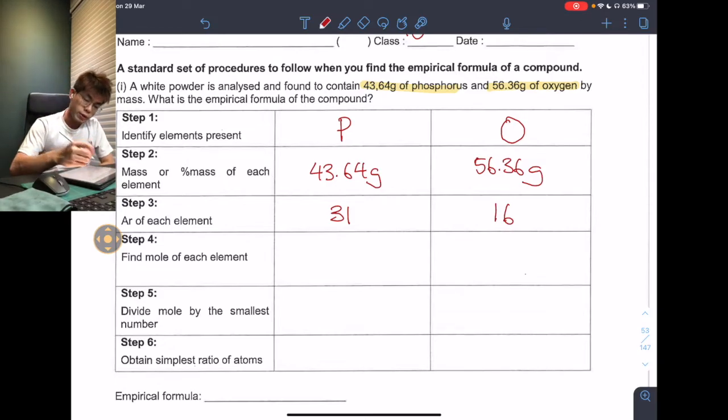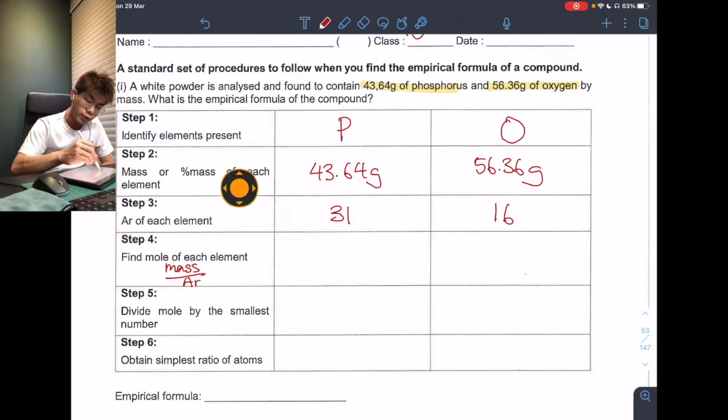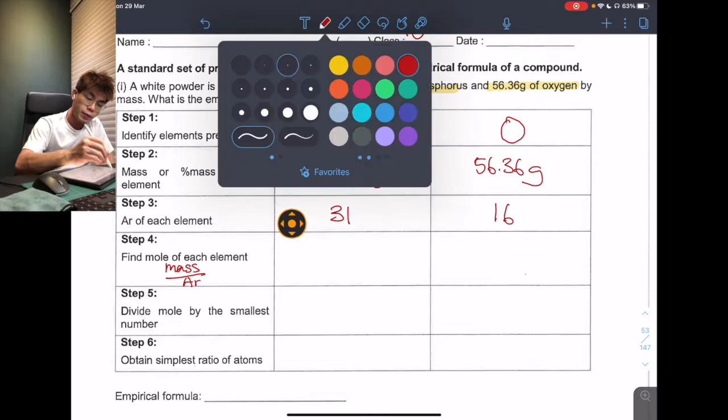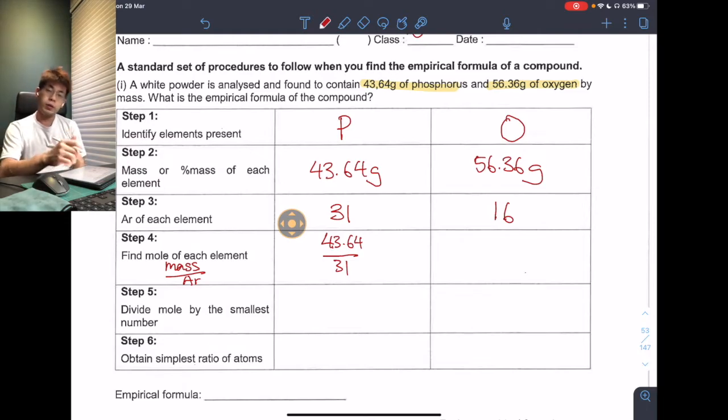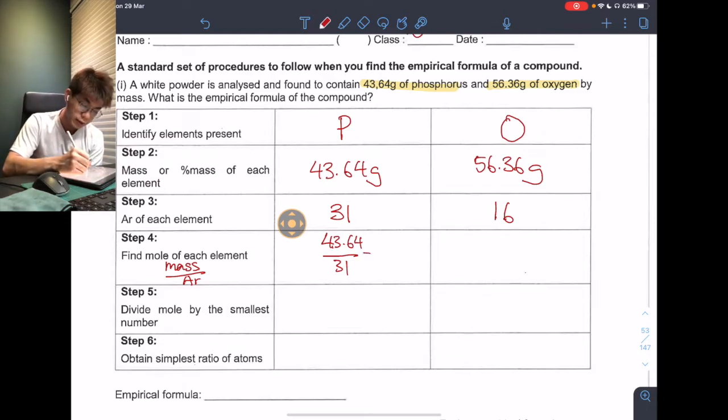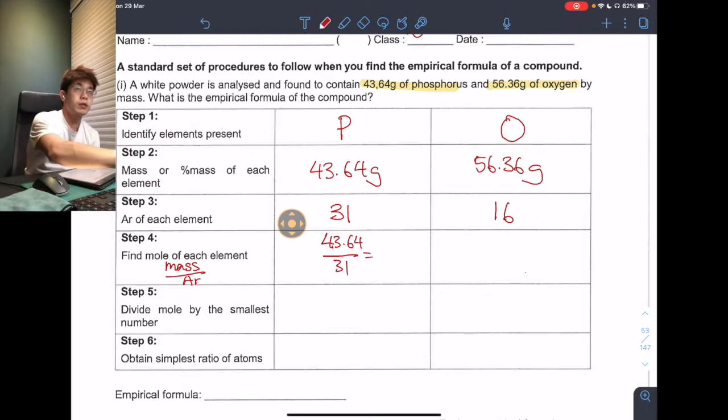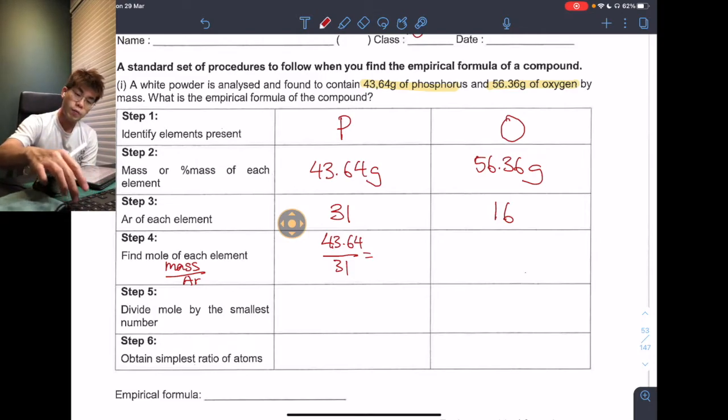So moles is equal to mass divided by AR, which is the number of moles. Just take the top number over the bottom number. So I will have 43.64 divided by 31. It's always good to write the formula and the working like this, and then calculate, never leave it in fraction form.